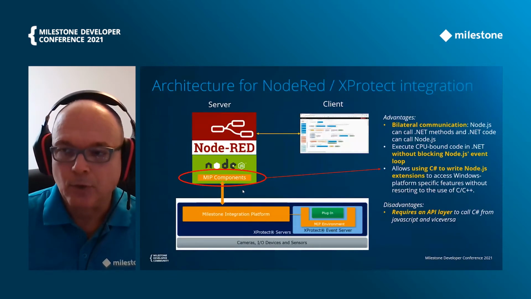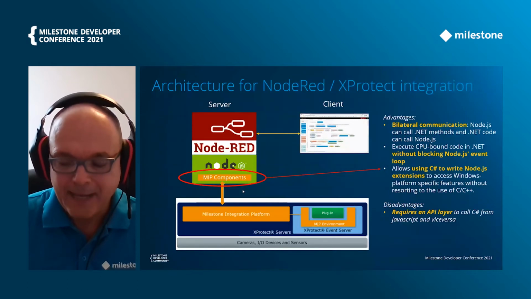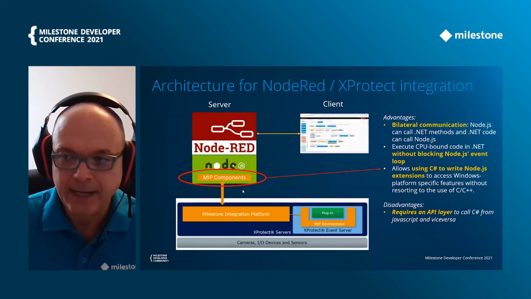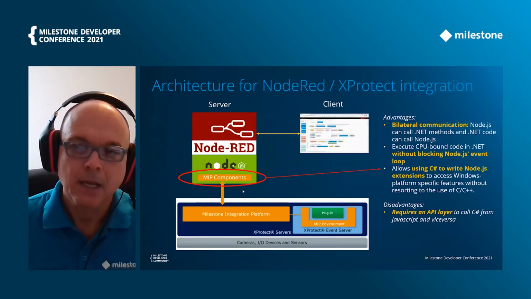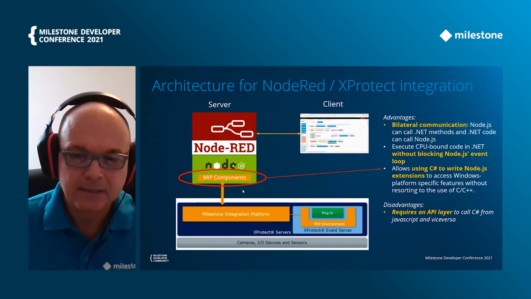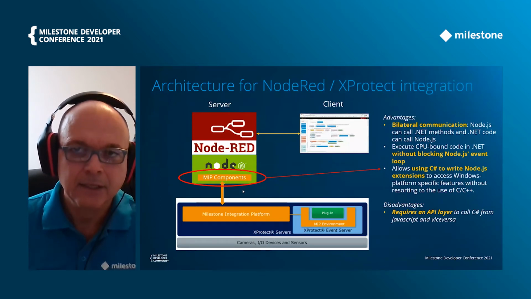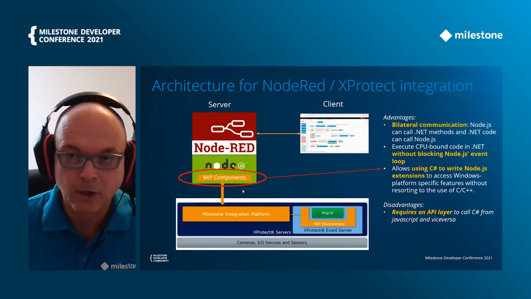The disadvantage, or at least the price we have to pay for that, is that we need to write a thin API layer to call C# from JavaScript and vice versa. But the question is, which component could be used to link JavaScript with .NET and achieve all of this, in order to use component integration and link Node-RED together with XProtect?